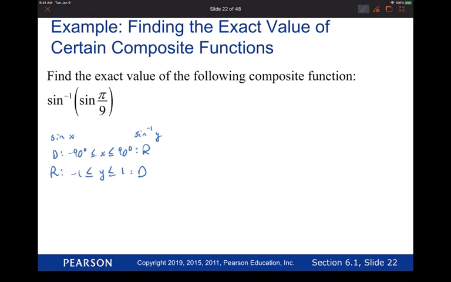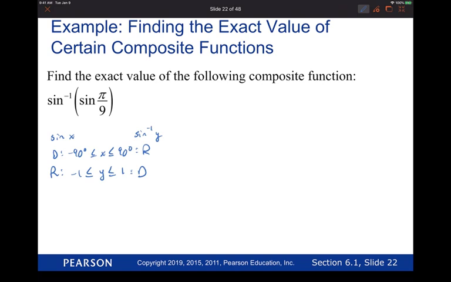So now, should we use the top line as a domain or the bottom line as a domain? Remember we said the domain is based on the inside function. The original function is on the inside, so we should use the top line, right? So our answer needs to be between negative 90 to 90.